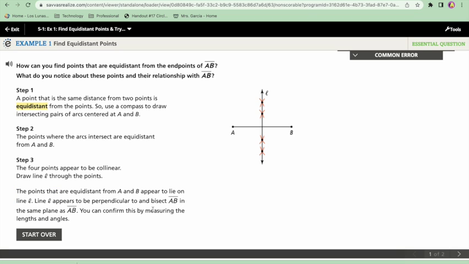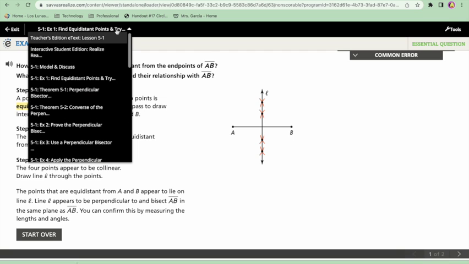And what that tells us is that the line where all the points intersect is perpendicular to the line AB. And it's a bisector, it cuts the line in half. So points that are equidistant from A and B fall on the perpendicular bisector.